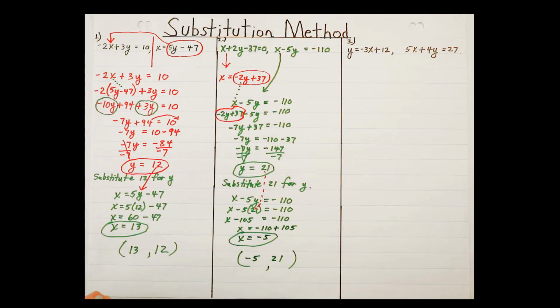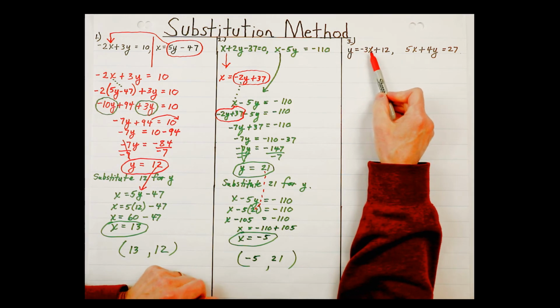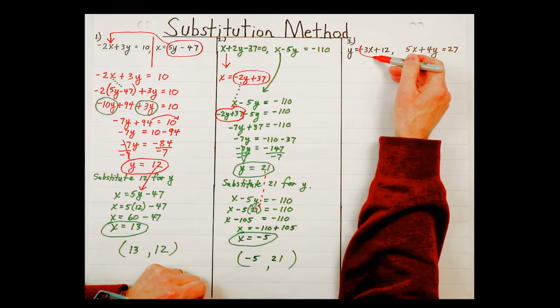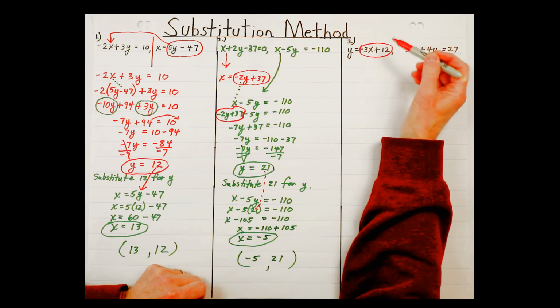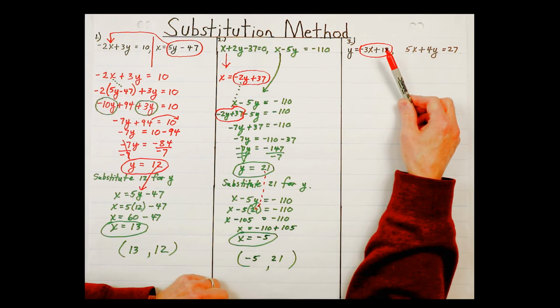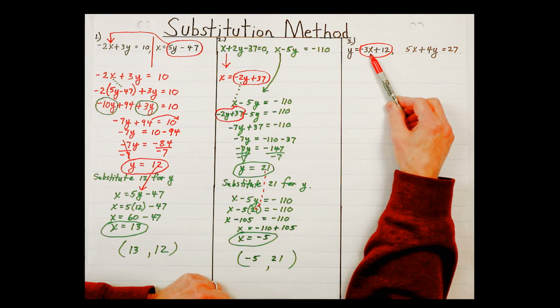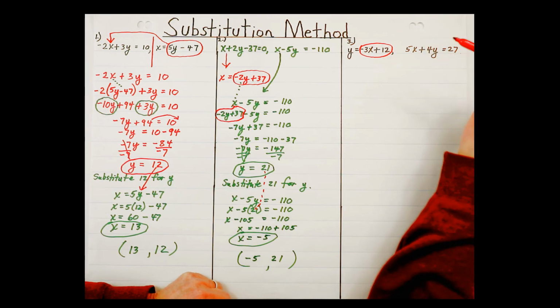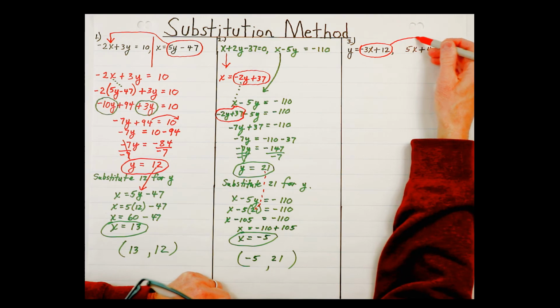Okay, number 3. Now, if you look here, you can see that y is already isolated. It's by itself. So, what we have to do, we're going to take negative 3x plus 12, and we are going to put it in place of what?